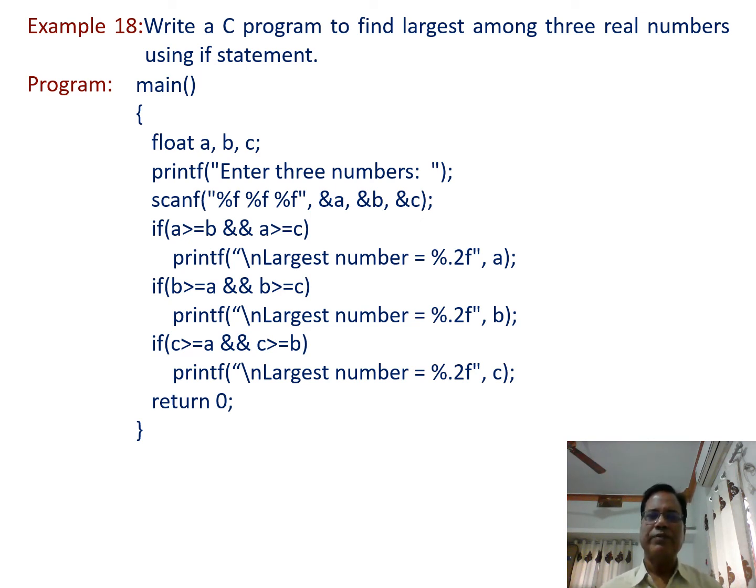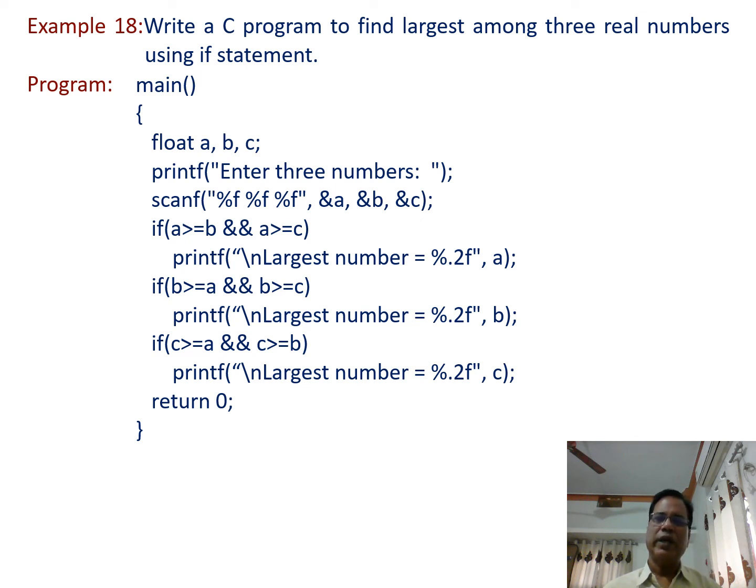So the next if statement is executed, and here we are comparing b with the remaining two variables a and c. In a similar way, if these two conditions are true, then we print largest number equal to the value of b. If again any condition is false, then the third if statement is executed.